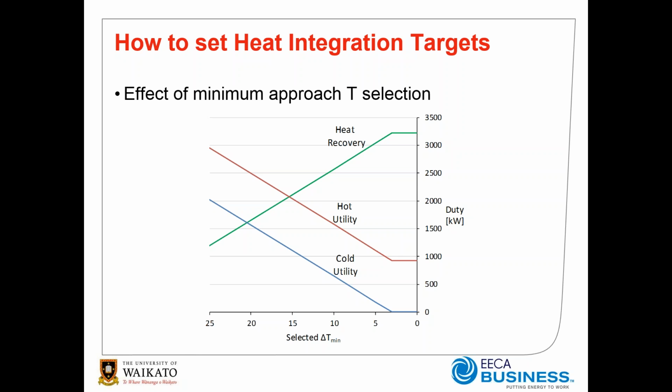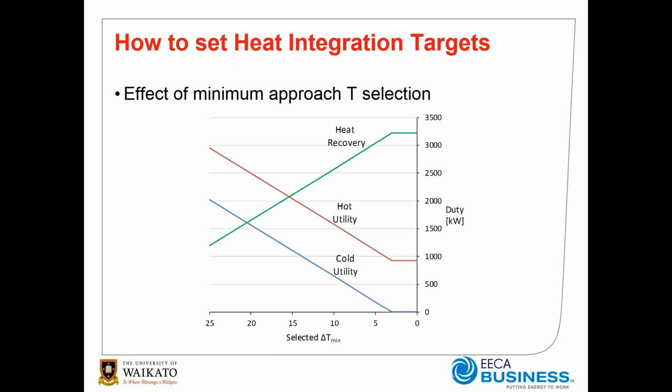If we were to start off at the extreme case of a minimum approach temperature of 25 degrees, then our heat recovery is about 1200 kilowatts. As we reduce our delta T min, our heat recovery increases, and subsequently our hot and cold utilities start to go down. In this particular case, we reach a maximum heat recovery and can't exceed this point at 3 degrees.